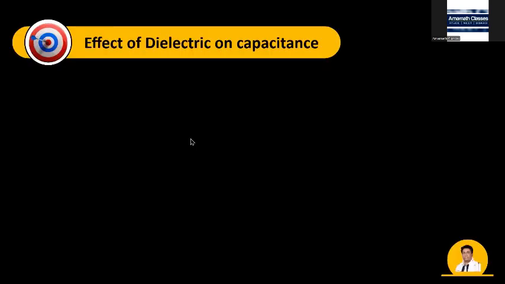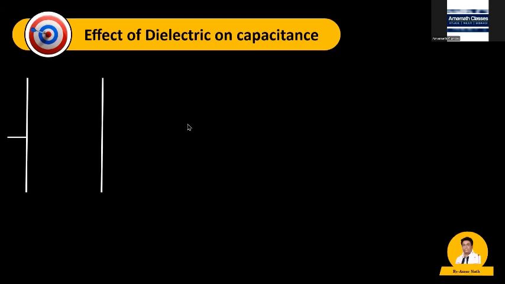Now let us practice some questions, okay? A situation I am giving you, just try to answer it. Say a parallel plate capacitor is there, but we have a few dielectric slabs in between.